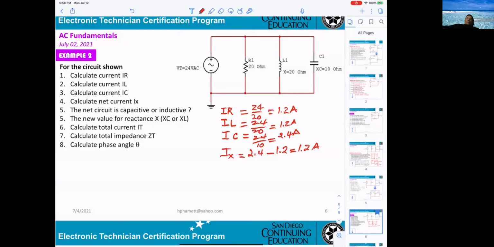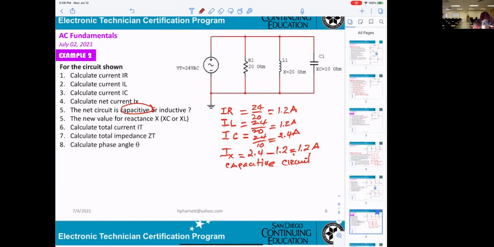Capacitive. Perfect. Okay, now that one is capacitive.